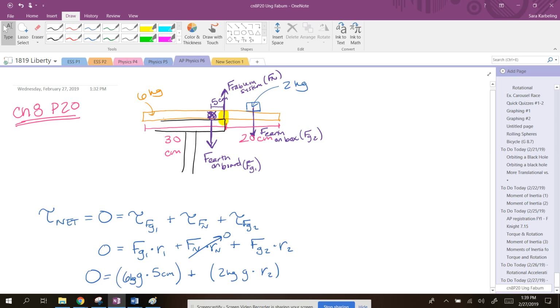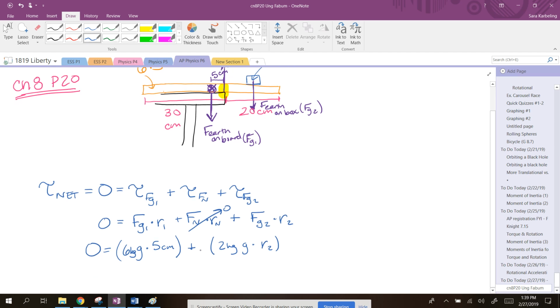Is that positive or negative? Negative, because it's clockwise. So I'm going to call this one the negative one, just so we stay consistent. In terms of your answer, it does not matter. It's just that one or the other has to be negative.